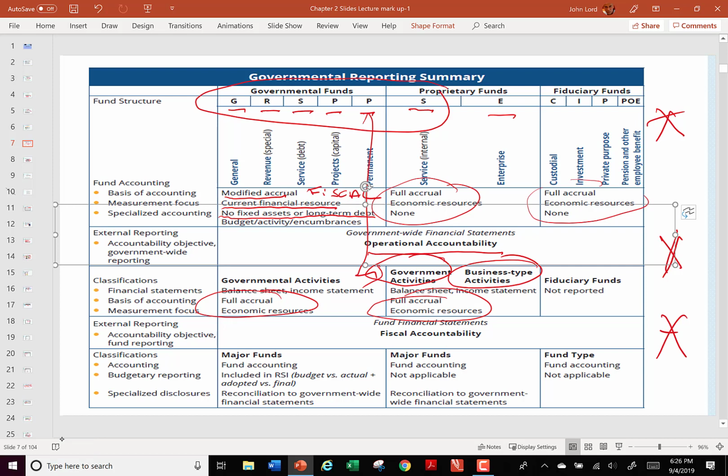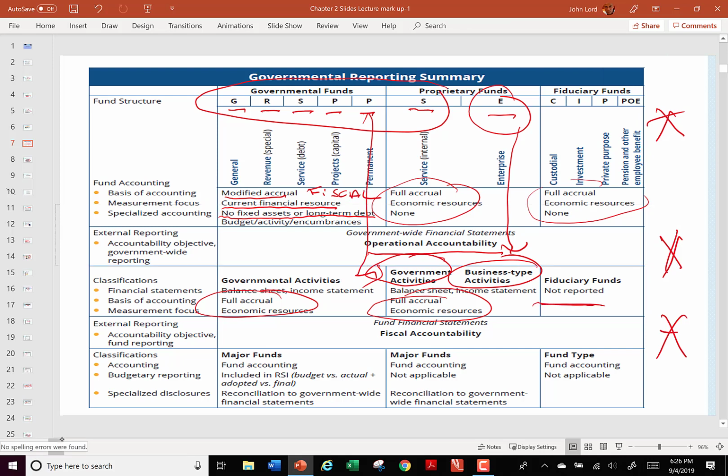Then we take our enterprise funds, however many we have, if we have 1, 2, whatever, and we roll those up into our business type activities, right? How about our fiduciary funds? Not reported at the government-wide level, right?